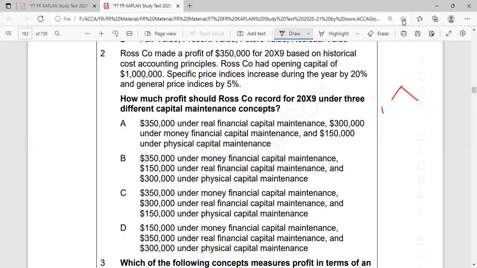Generally there are two: financial capital maintenance and physical capital maintenance. In case of financial capital maintenance, there is nominal money value, meaning historical cost, or the constant purchasing power approach, and then physical. Coming to the nominal money value.